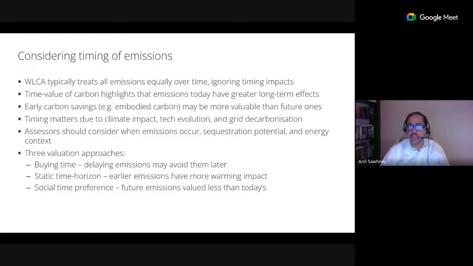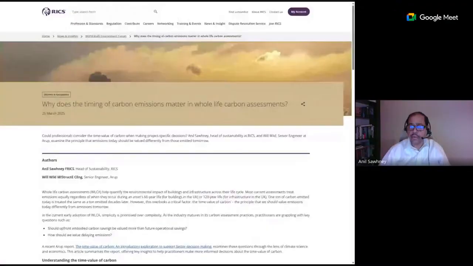Okay, give me 1 minute. I'm going to see if I can find the time value of carbon. Okay, back. Present something else, Chrome window, share.